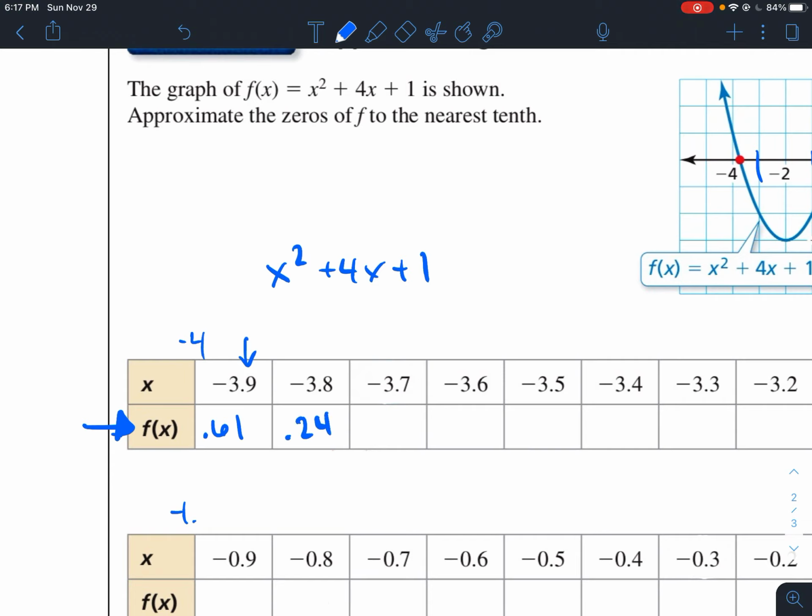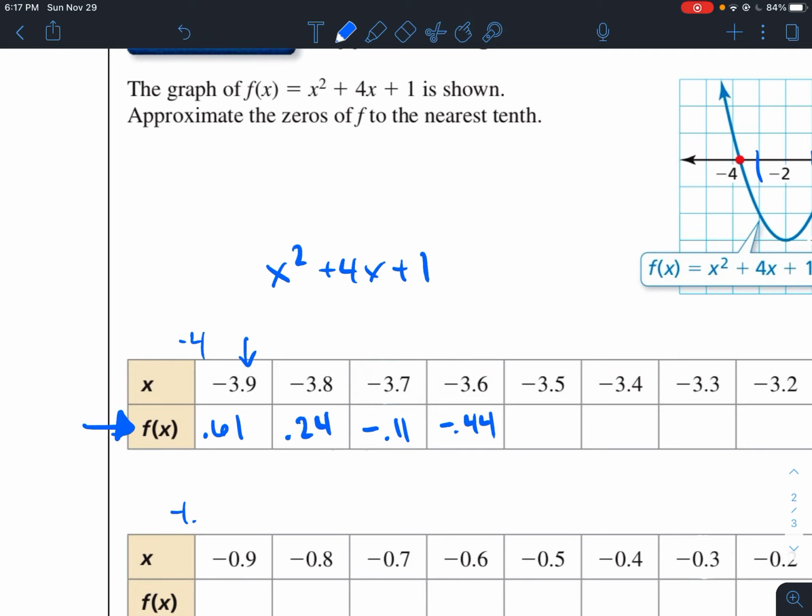Now let's try negative 3.7. So x squared plus 4x plus 1 is equal to negative 0.11. Okay, let's do one more, negative 3.6. When I plug that into a calculator, I get negative 0.44.